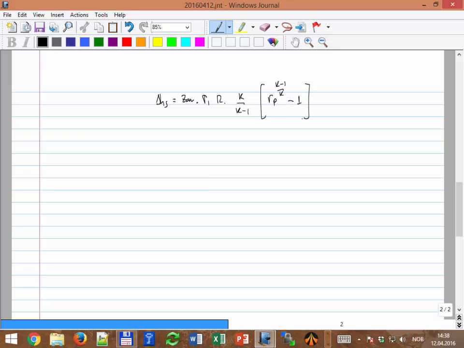Okay, and K is the relationship between the specific heats, that is Cp over Cv. We have here people that remember their thermodynamics. You can reach the same expression if you assume isentropic. You can reach this analytical expression. If you divide these two and do some manipulation, that gives you this expression.